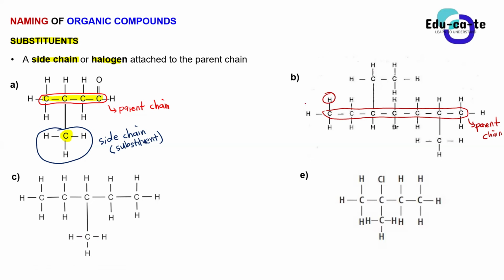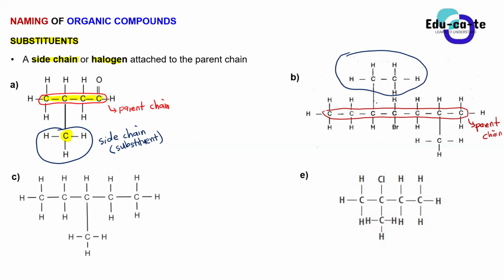But when we see any other thing besides a hydrogen, it can be a halogen, or it can be a chain of carbons that is attached to one of these carbons in the parent chain, then we say that is a substituent. For example, here in this compound, you can see that this chain of 2 carbons is attached to the parent chain, but it is not part of the parent chain.